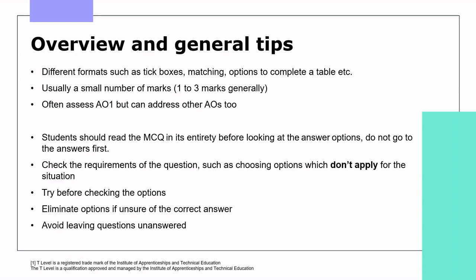They generally assess assessment objective 1, the demonstration and recall of knowledge, but they can actually address higher assessment objectives too. And on this slide, we do have some general tips that you could share with your students, but I will go into each one in a bit more detail, but do encourage your students to avoid leaving MCQs unanswered.